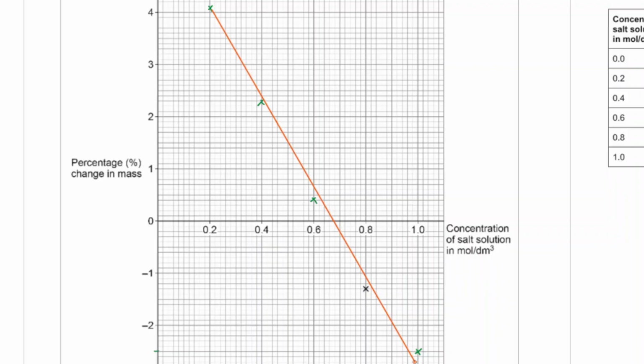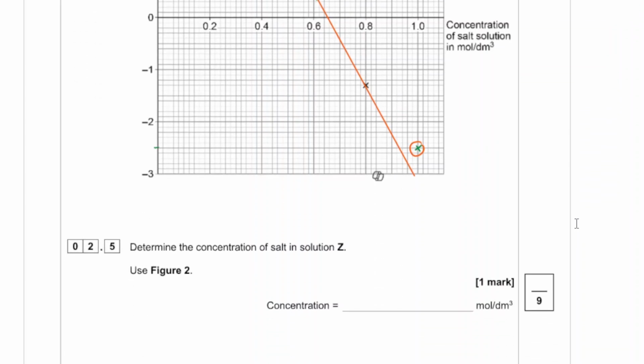There you go. Now it looks like 0.1 is an anomaly because it's falling out of the line, because the rest of them are all falling in a straight line.